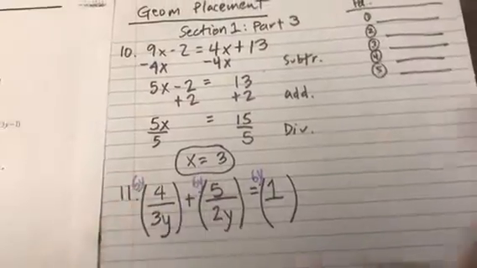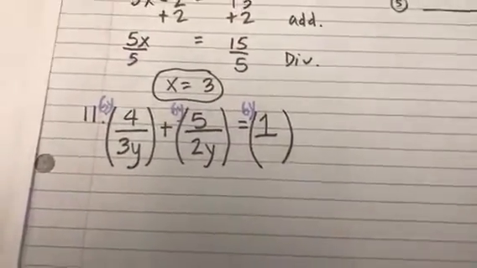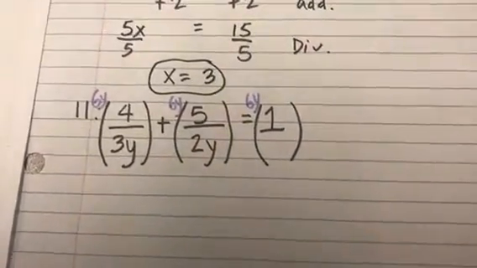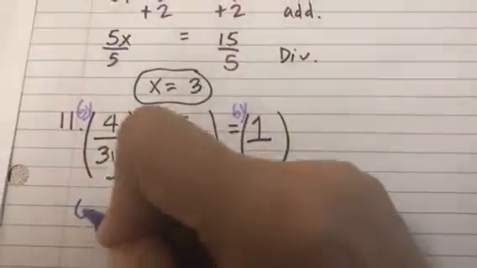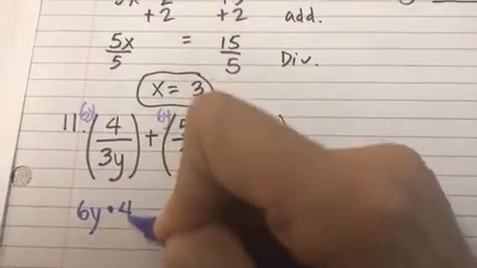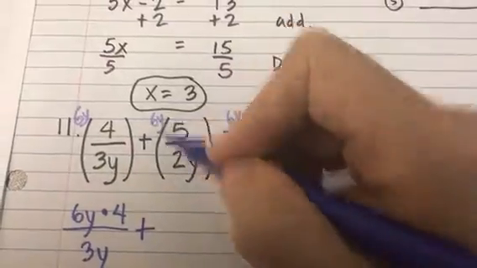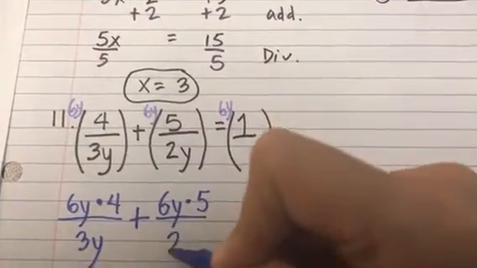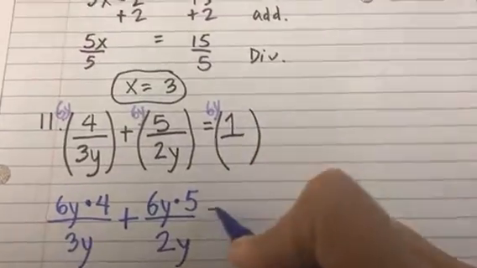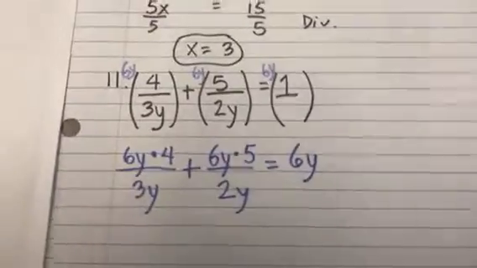I'm going to multiply every term by 6y, and then we'll see what happens. So when I multiply, and let's just rewrite this, 6y times 4 over 3y plus 6y times 5 over 2y. And 6y times 1 is just 6y.